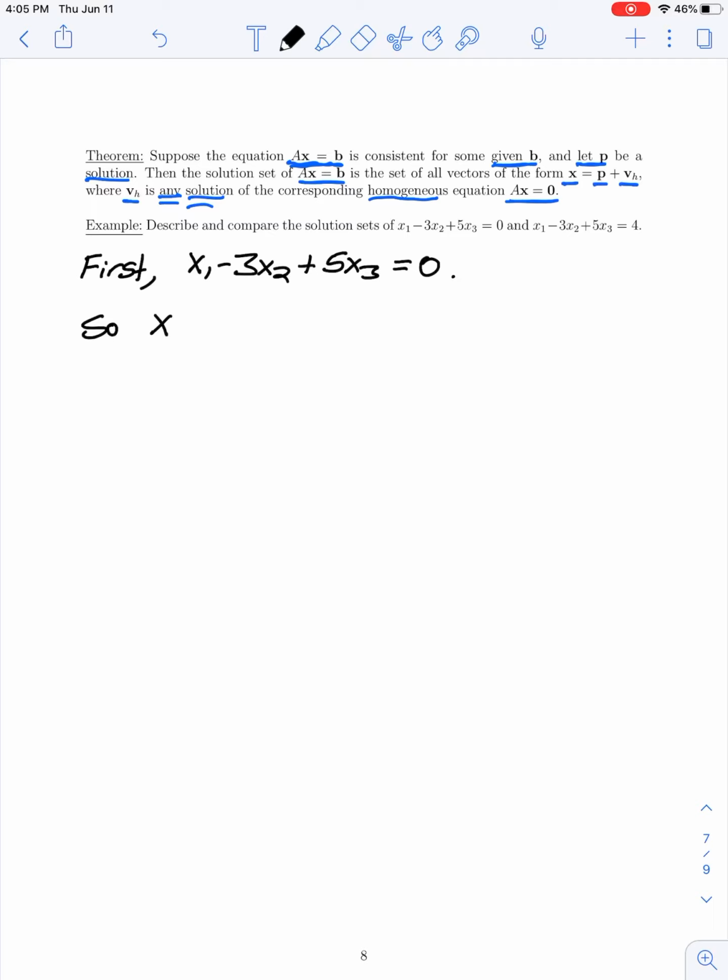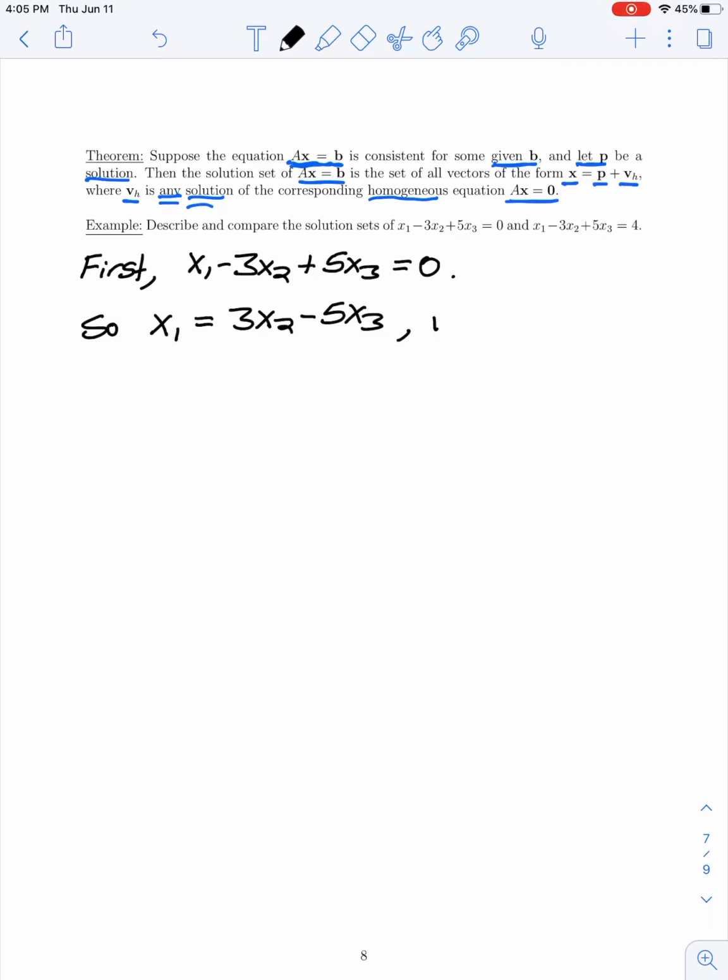One way to describe this would be by solving for x1 in terms of x2 and x3. So x1 would be 3x2 minus 5x3, which would describe all possible solutions. If we introduce free variables for x2 and x3, we would have a plane in space which satisfies these equations.